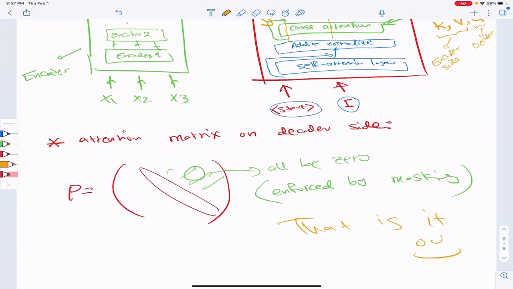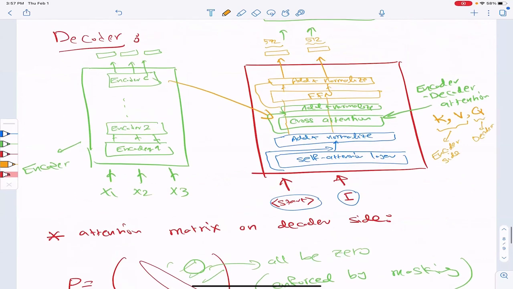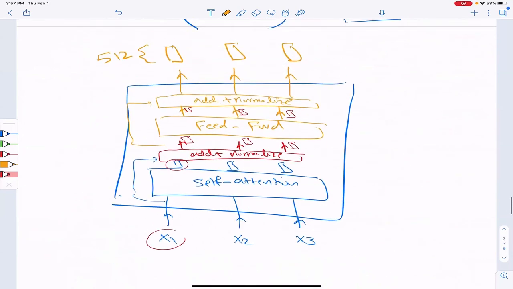You get the same number of vectors as the output of the attention, add and normalize, basically a residual connection. And then you push them to the feed forward individually, just to make the representation a little bit richer, add and normalize, add to the input, normalize to have balanced means and variances, and that's it. That's the output of one encoder.